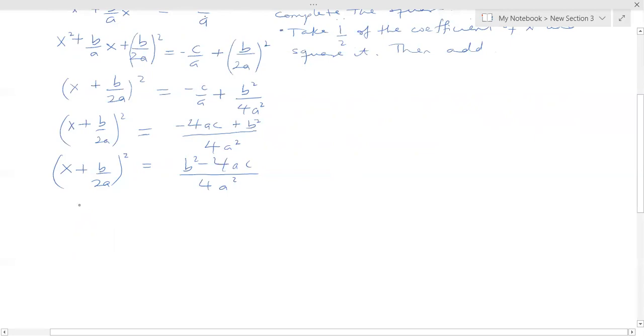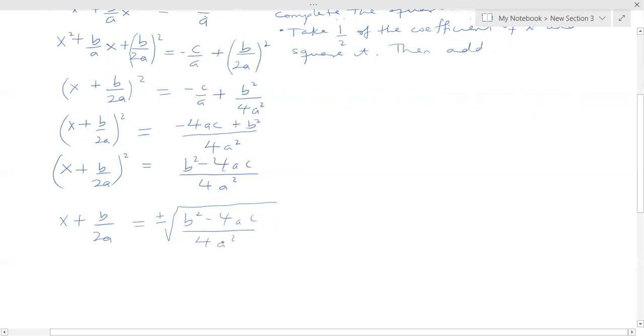So if I take the square root of the left side, I'll end up with just x plus b over 2a, which will be equal to the square root of the right side, b squared minus 4ac over 4a squared. Remember, when you take the square root of anything, it's usually plus or minus, right?